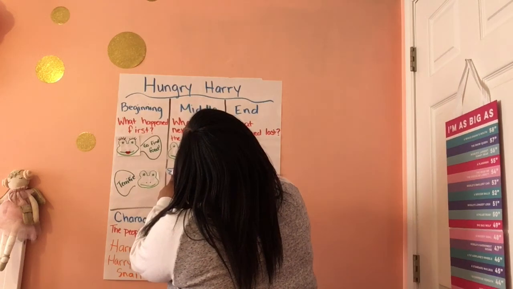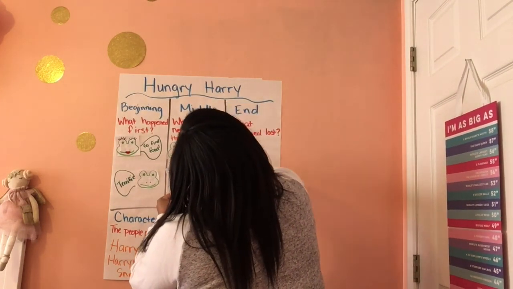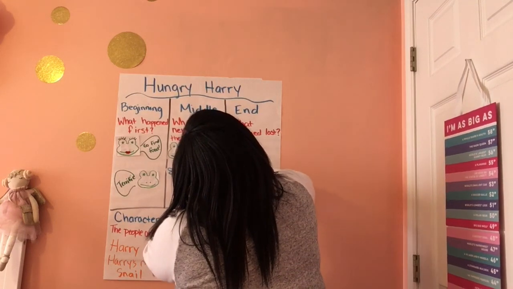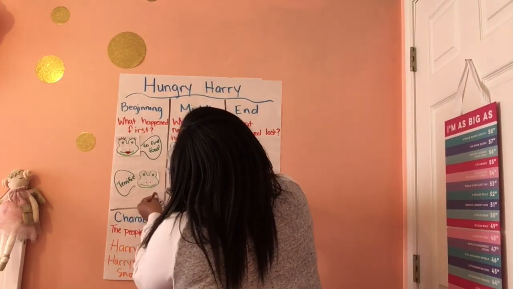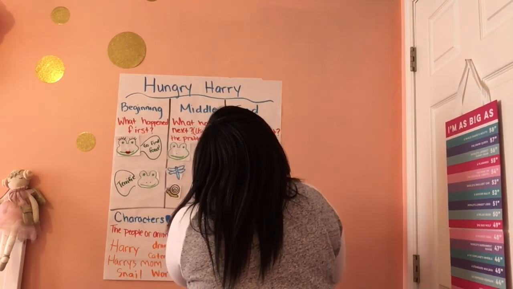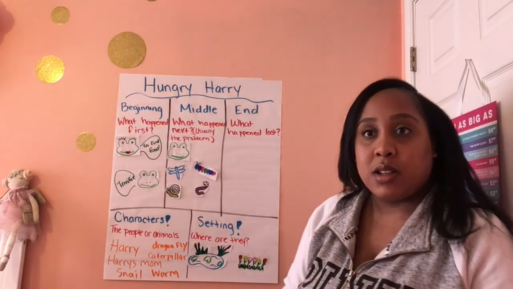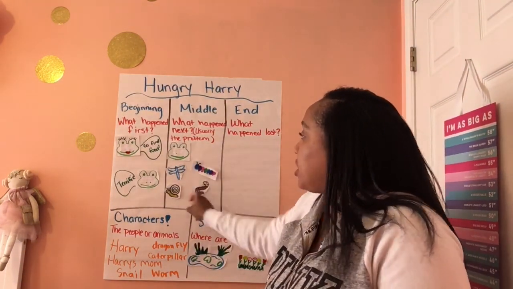Dragonfly. Caterpillar. Snail. Worm. Okay. So, we have Harry, the dragonfly, the caterpillar, the snail, and the worm.